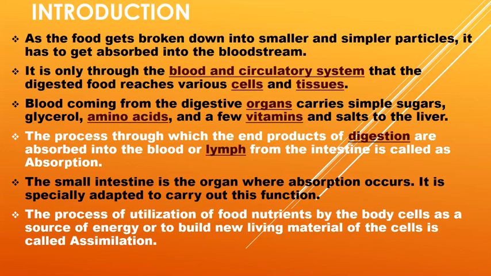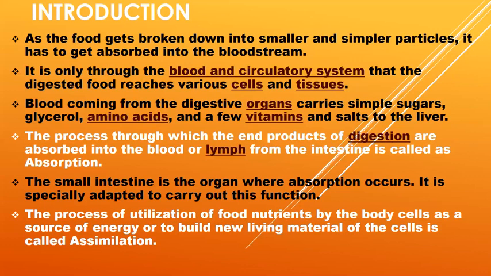The process through which the end products of digestion are absorbed into the blood or lymph from the intestine is called absorption. The small intestine is the organ where absorption occurs.